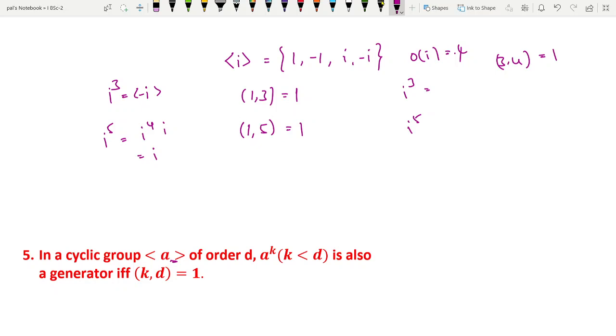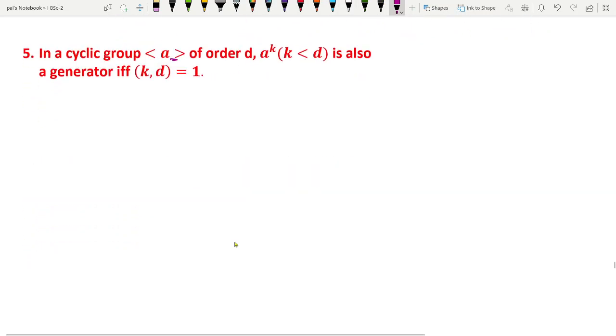Okay, so in a cyclic group of order d, a to the power of k is also a generator if and only if k and d are relatively prime. So we have to prove this result. Now, to prove this result, first you take one group that is generated by an element a.